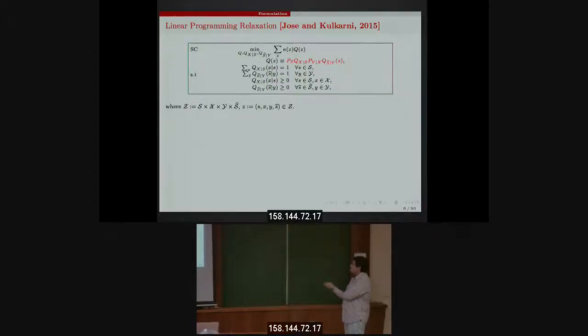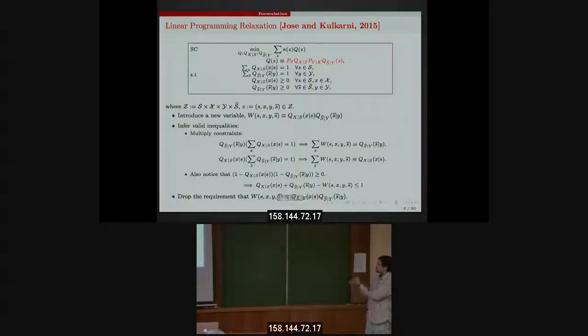Okay, so this product here is what renders the problem not convex. This fact holds regardless of what your kappa is. Now, the way to create a linear programming relaxation of this problem is to do the following.